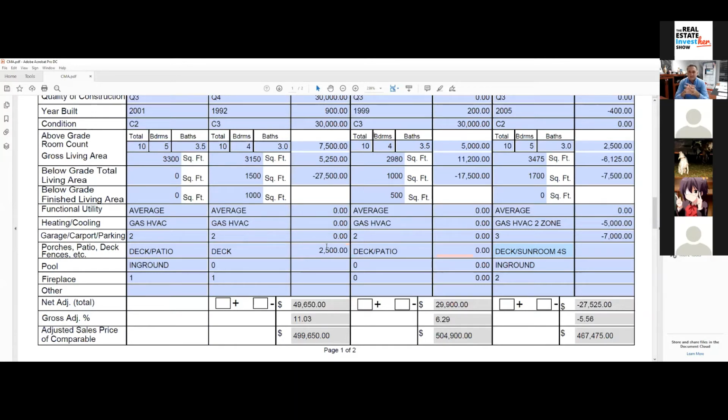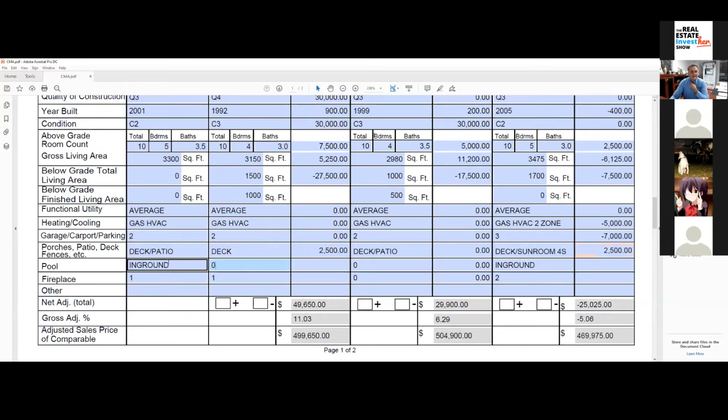Okay, so how much do you think, whether it's going to be 0 or do we have to give any credit to the comp? You do because it's 4 season. It would have heat for the sunroom. So therefore, patio or deck is $2,500. Now we're giving them $2,500 credit.